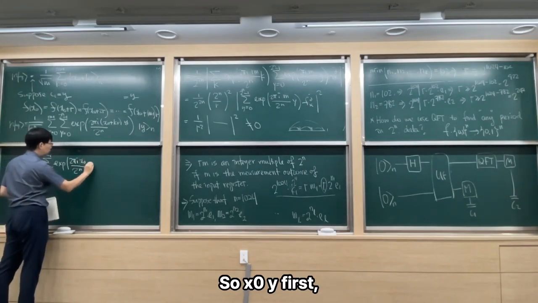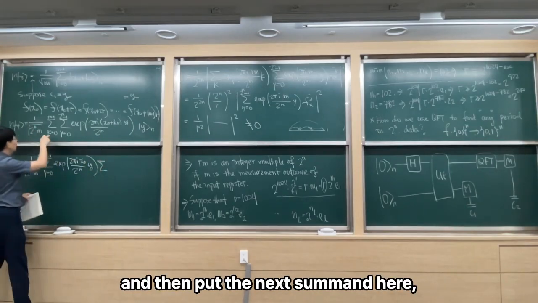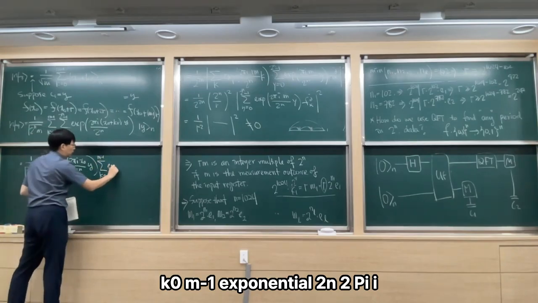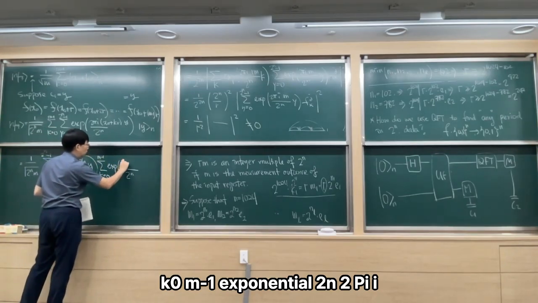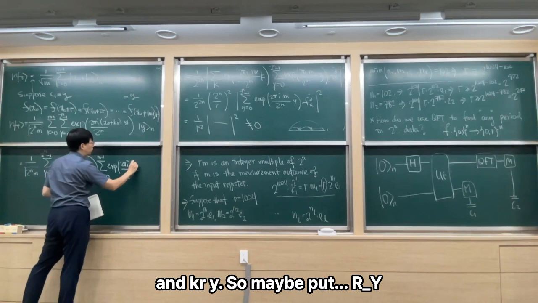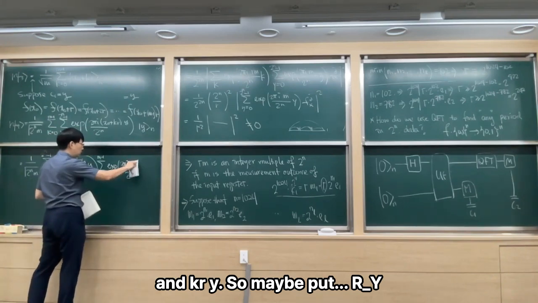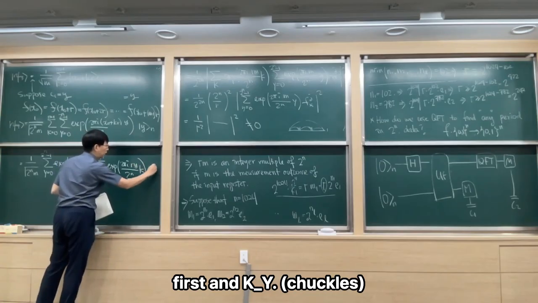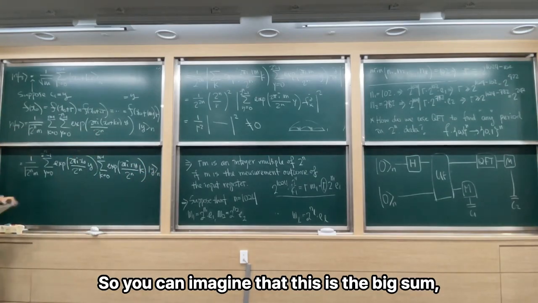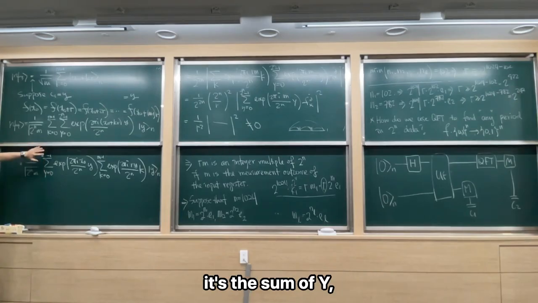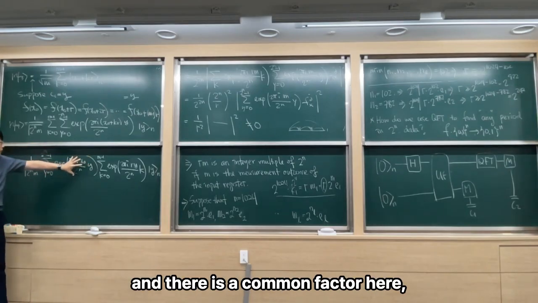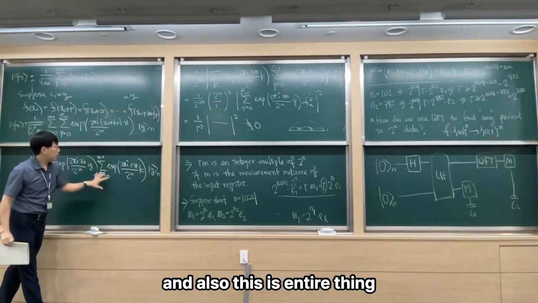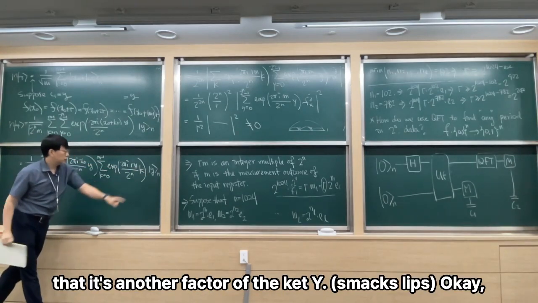So x0 y first, and then put the next summand here: k from 0 to m minus 1, exponential of 2 pi i over 2^n times k r y. So you can imagine that this is the big sum over y, and there is a common factor, and for each y, this entire thing is just the coefficient of the ket y.